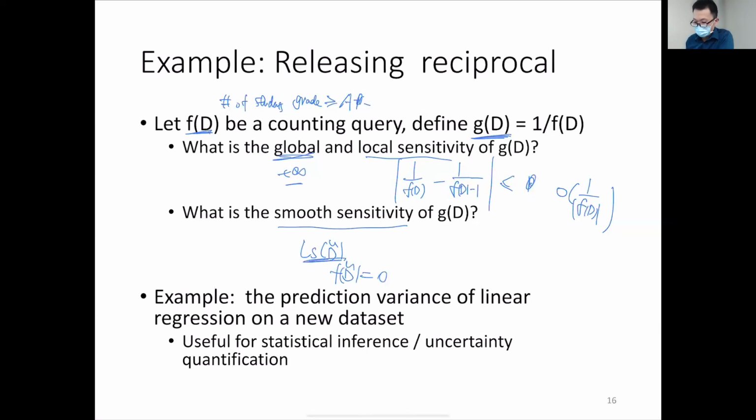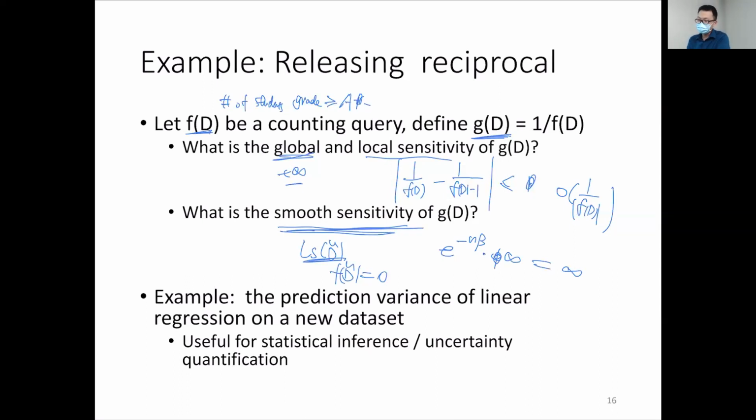When you have this, taking e to the power of minus n beta, for any beta, multiplied with infinity will always give you infinity. So for these reasons, this is an example where the smooth sensitivity doesn't exist at all.